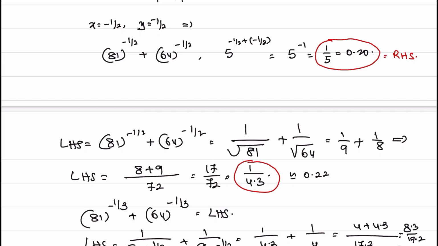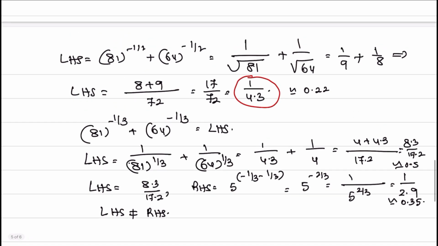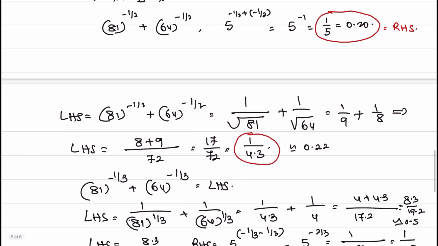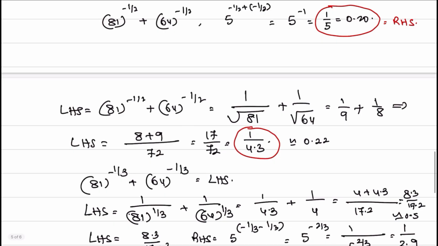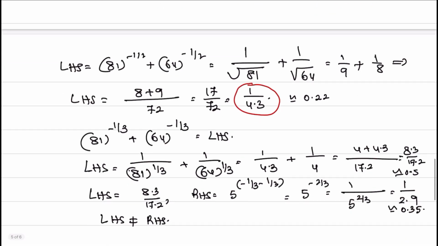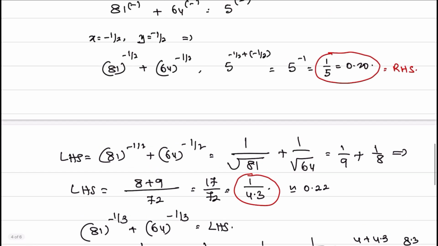Now we can say the change as minus 1 by 3 and minus 1 by 2. When you compare, the difference between the left hand side and right hand side is smaller in the previous case.